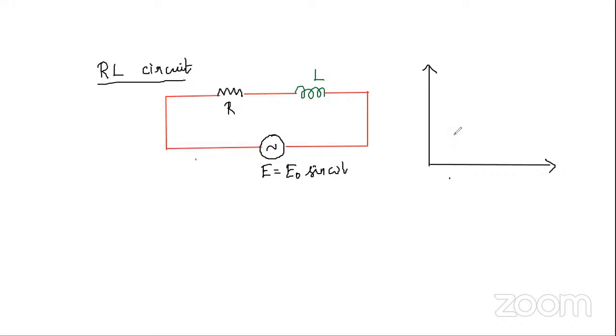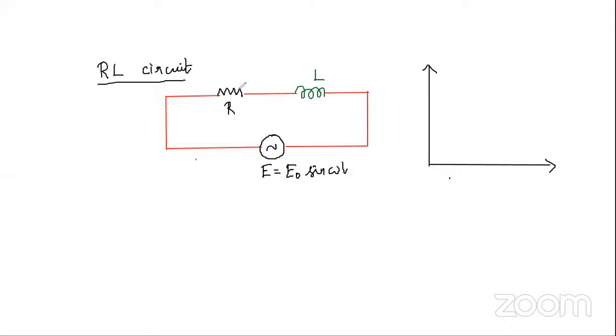Here you have the resistance and inductor connected in series. The current flowing through both these elements will be the same, because in a series combination the current through different elements is always the same. That's the basic concept.